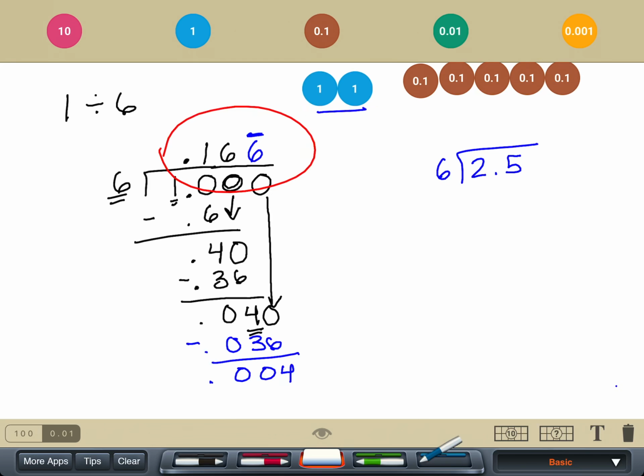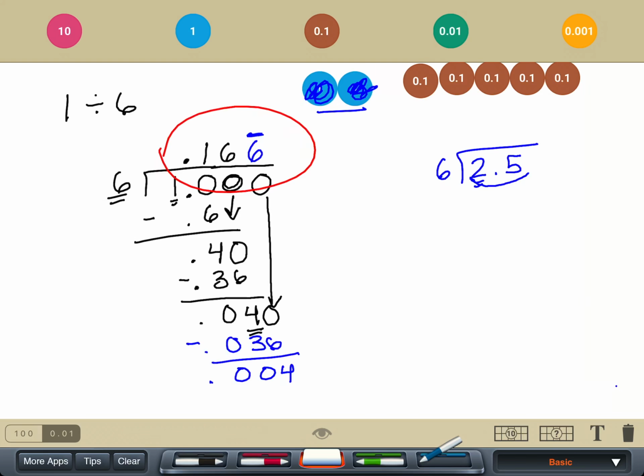Immediately you can see that if we just consider these 2 wholes, we don't have enough whole ones to go into 6 parts. So we need to think of this as 25 tenths instead. We're going to rename our wholes and make this one 10 tenths and this one 10 tenths. So we have 10 tenths, 20 tenths, and 5 more tenths.